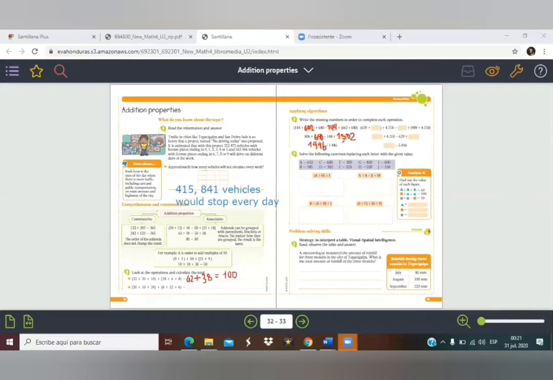And this one, we have here the same sum, the same answer, 1446. Now, you have to do the same process in the other exercises.